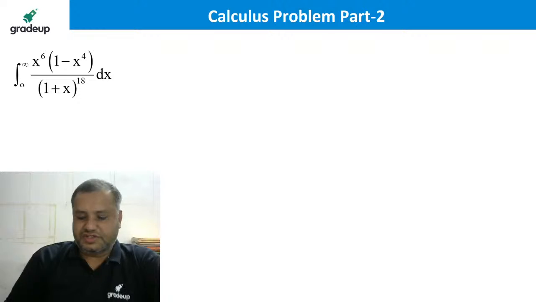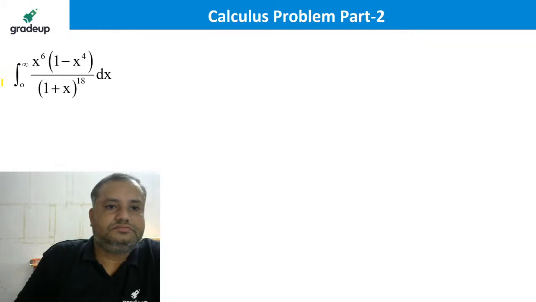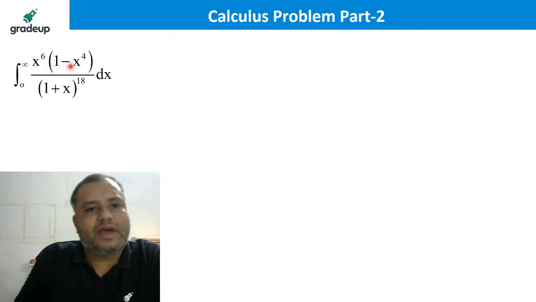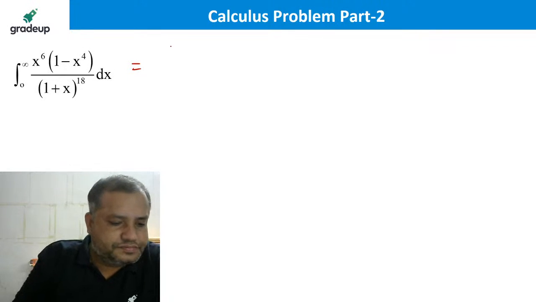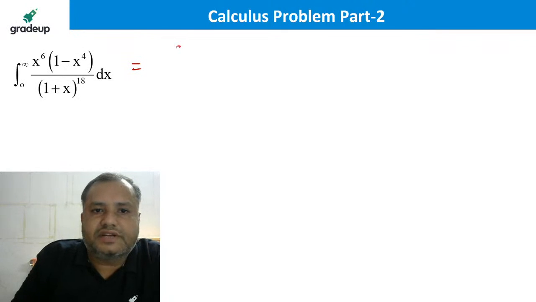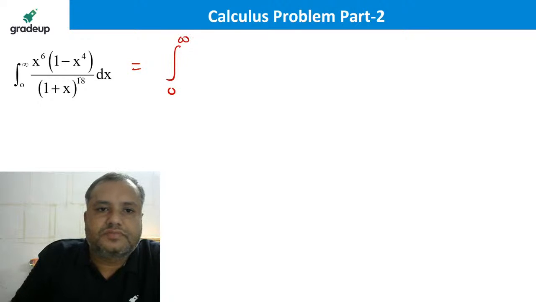So I want to solve this integration: x raised to 6, 1 minus x raised to 4. So what we have? Integration from 0 to infinity, x raised to 6 into 1.